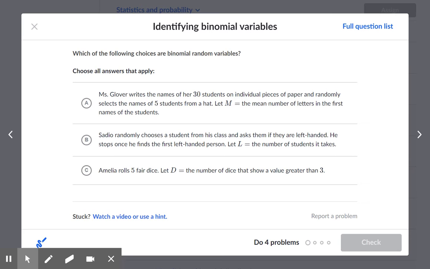So it means success or failure, heads or tails, success or failure, up or down, male, female. It just basically means two things.